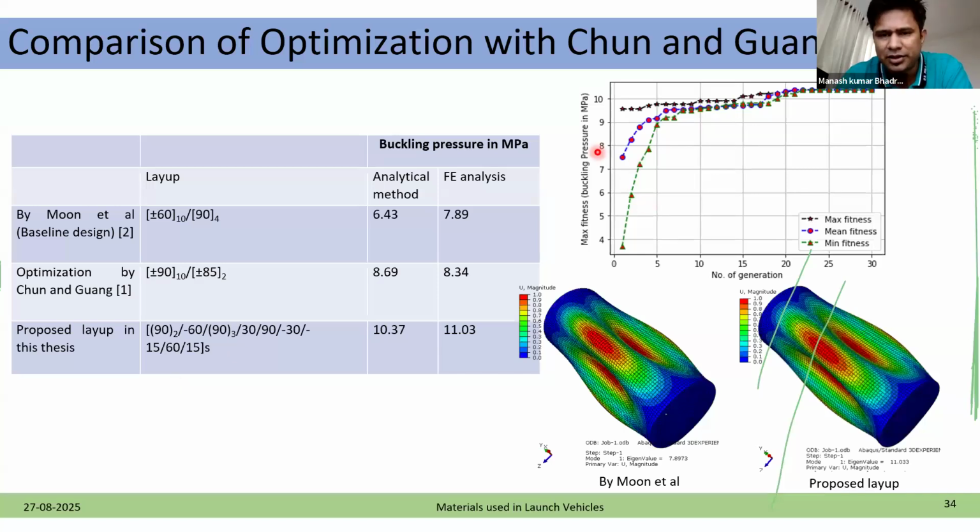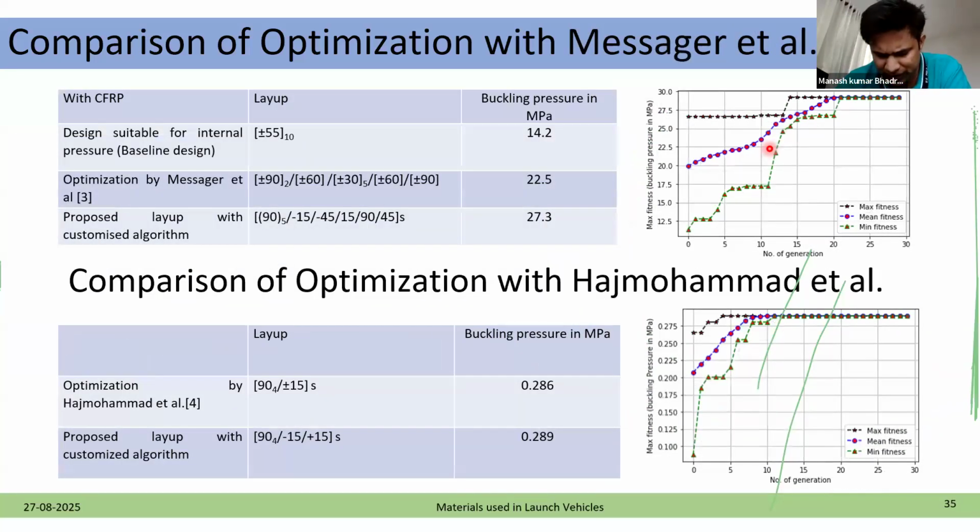And this graph is made so as to monitor the optimization during the progress. So once all the three curves converge to each other, we can consider that the optimization has taken place. Similar comparison is done with other literatures also. Other researchers who have carried out the optimization for similar load case where the cylinder is considered and the optimization is carried out with respect to the cylinder subjected to external pressure.